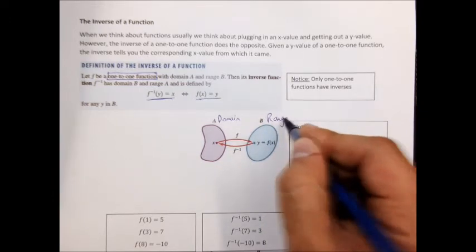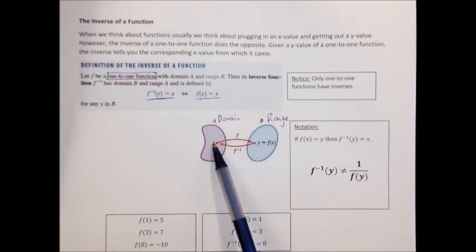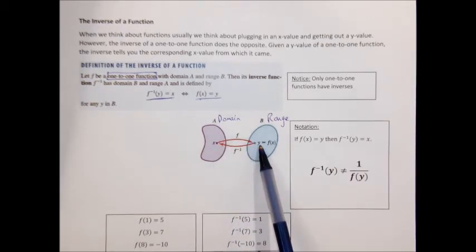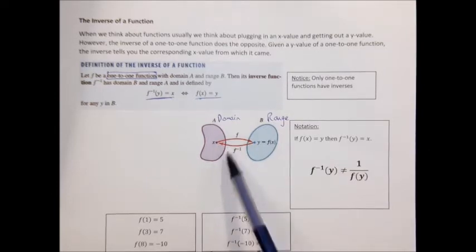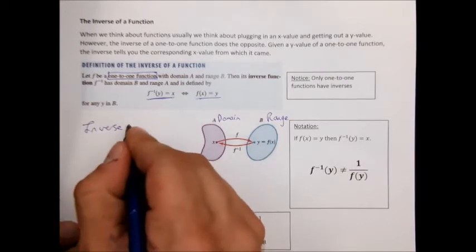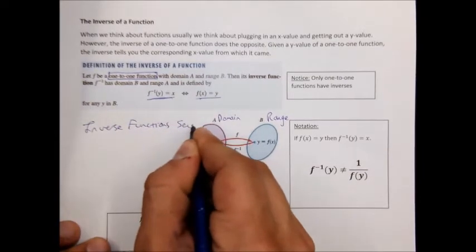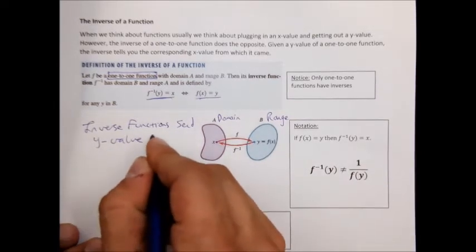We got our classic bean pictures here. The function itself takes x values from the domain and sends them to y values in the range. That's how we usually think about functions, right? But this is showing us that the inverse takes the y value and sends it back to the x. And so let's write that down right here. So inverse functions send y values back to the x values from which they came.